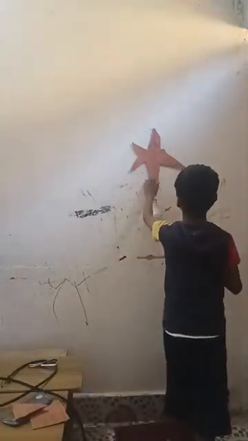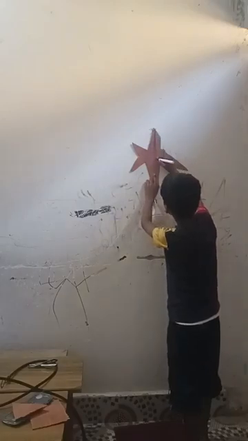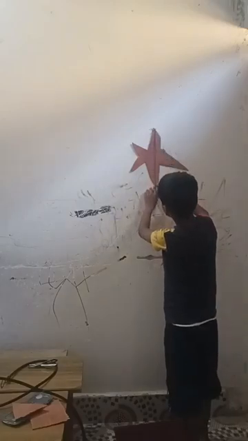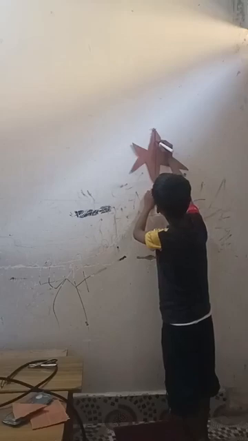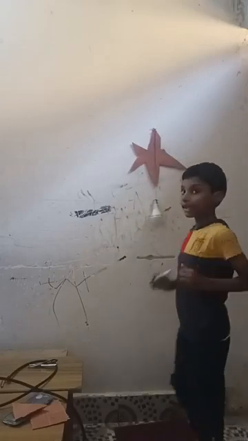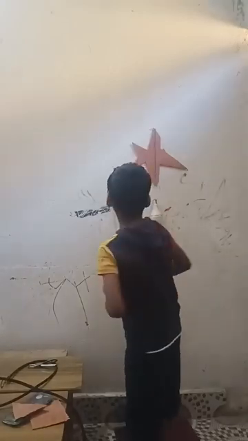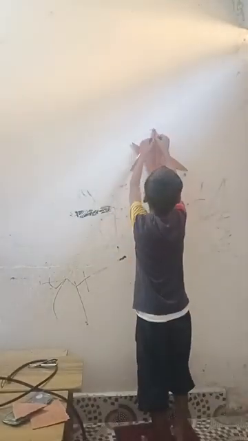So let's mark. Okay, so this line is called the line of gravity. And let's draw one more line by changing the orientation.